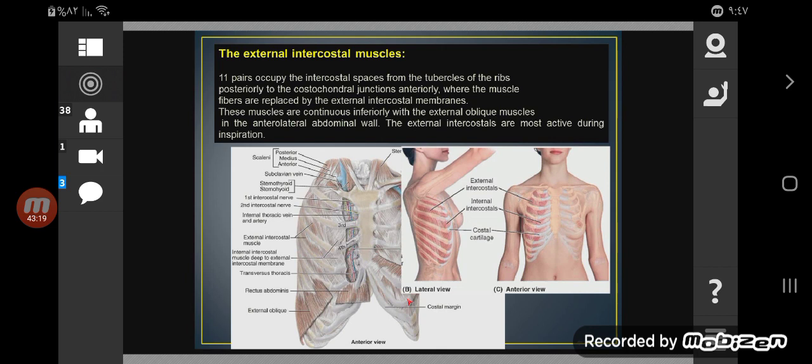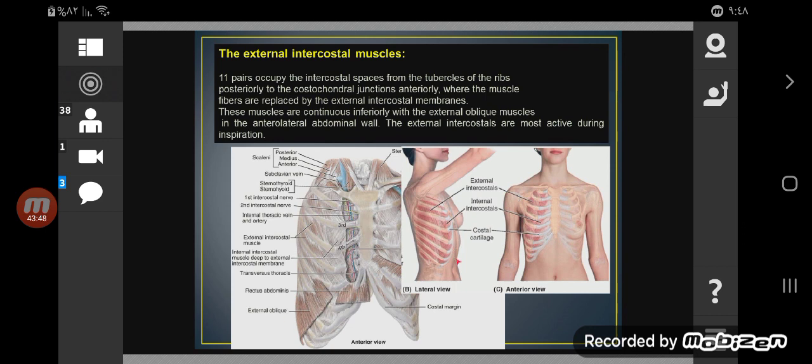The first, intercostal muscles. Intercostal muscles, as I told you before, consist of the external, internal, and innermost intercostal. Innermost intercostal is limited to the middle two-fourths of the intercostal space.